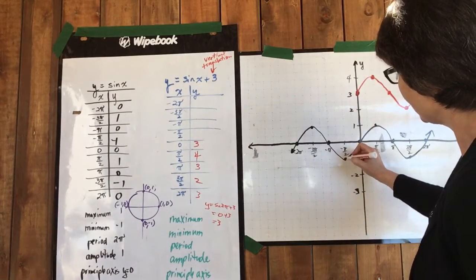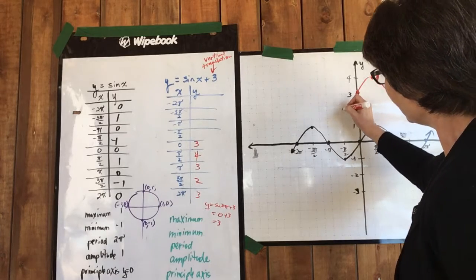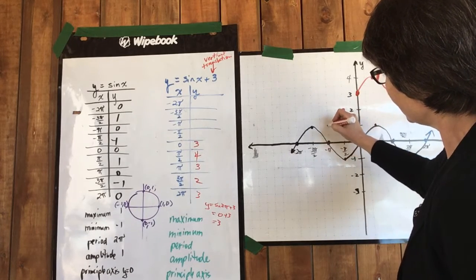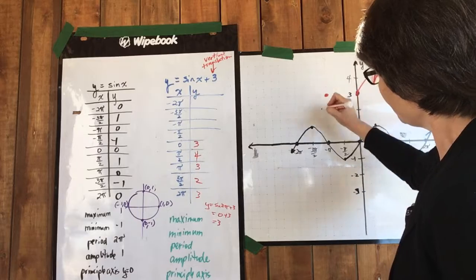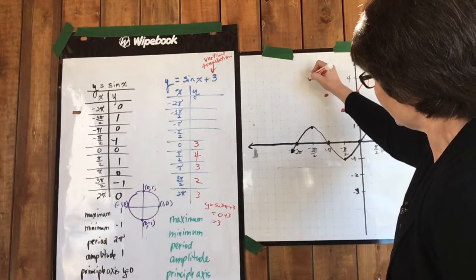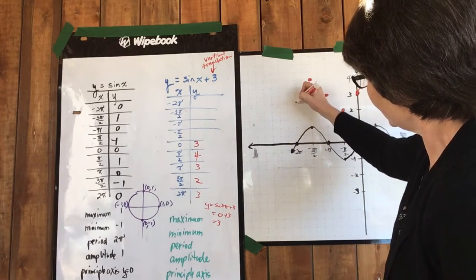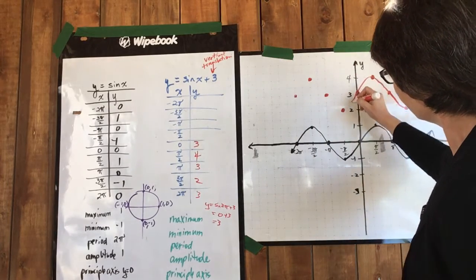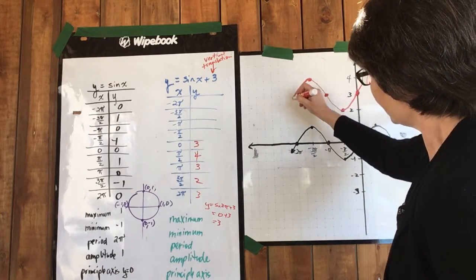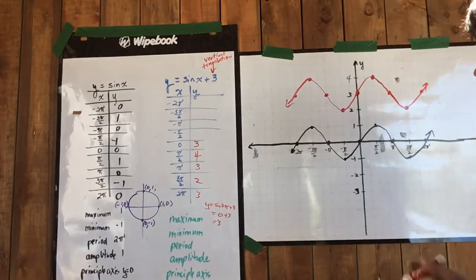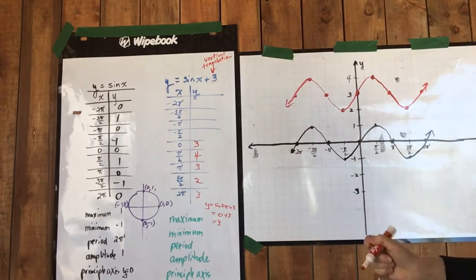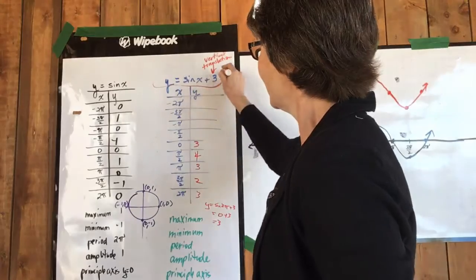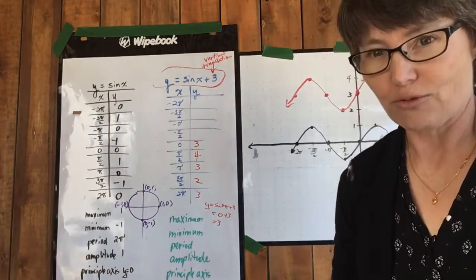This point needs to move 3 units up, this one 3 units up, and so on, and draw the rest of that curve. Okay, we have that y equals sine x plus 3.